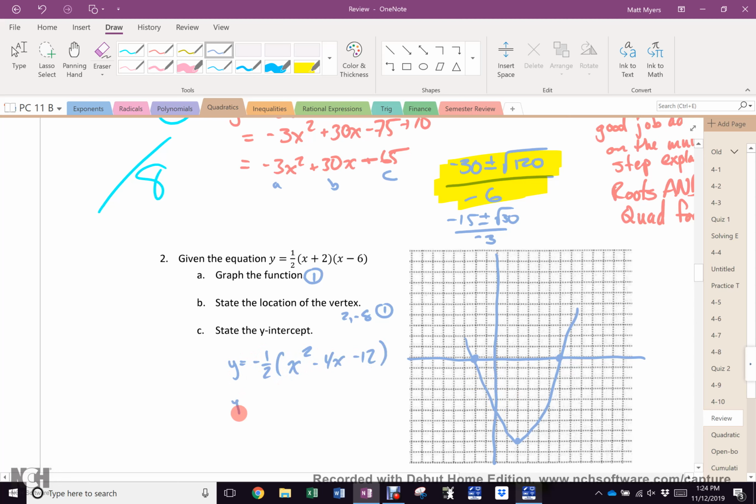Run that through. Y equals -1/2 x squared plus 2x plus 6. Y-intercept is 6. That makes no sense. Oh, because it's not negative, you idiot. 6 makes perfect sense. For 1 mark, making that page out of 11.